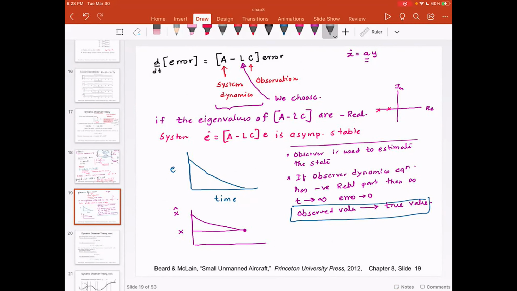But before I proceed to the next part, I just want to make sure that we understand what an observer is, what the purpose of an observer is, and how this observer is constructed. Any questions here?